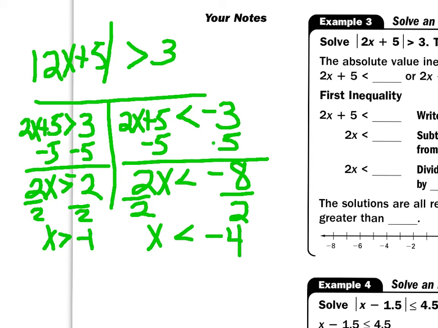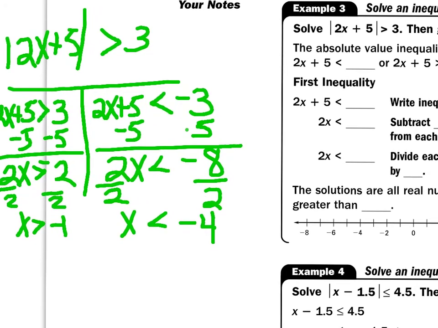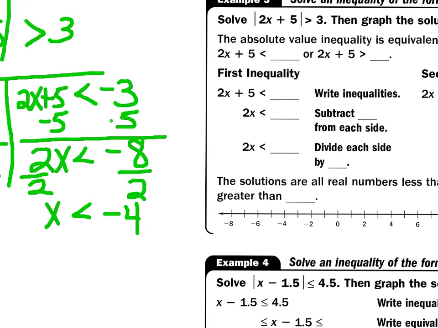So to graph this, I would say x is greater than negative 1. Then I find my negative 1, and it's an open circle because it's just greater than. Put color in toward that side. And then x is smaller than negative 4. So I have another open circle, and it's smaller than.